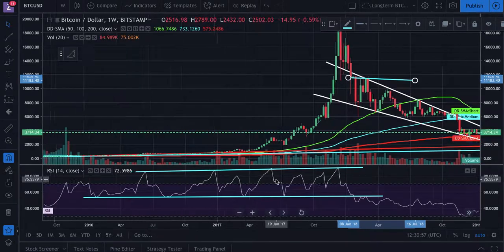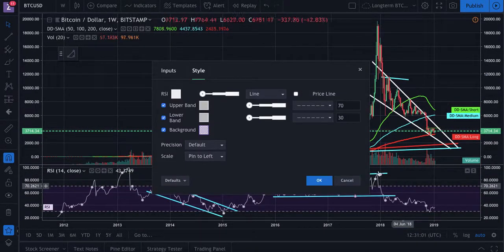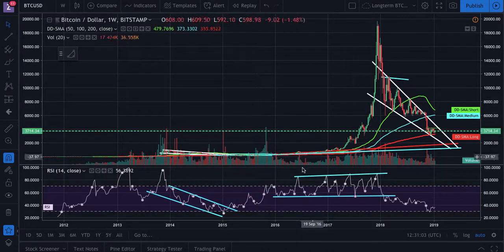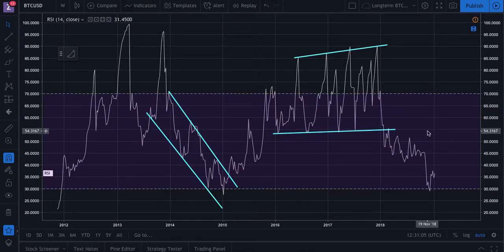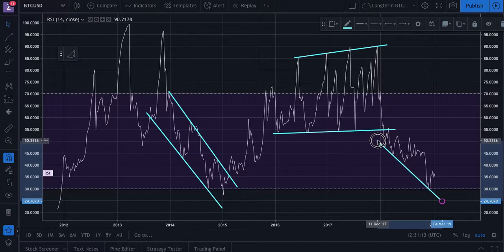So where are we heading next? We've got trend lines here. Let's do a trend line also on the RSI. Let's do it like this. So we've got the support there, and we use these first 2 lines here.